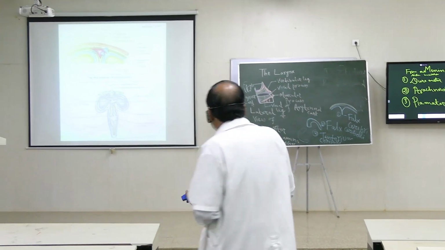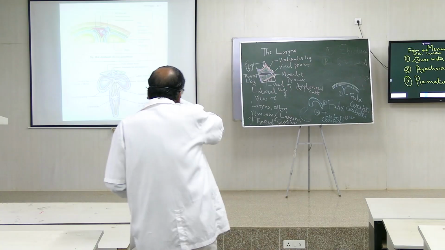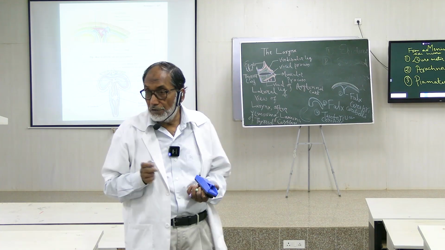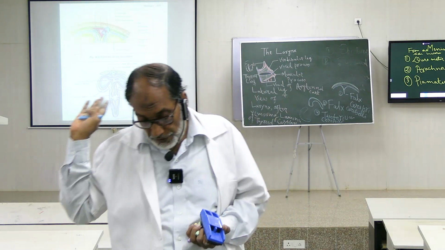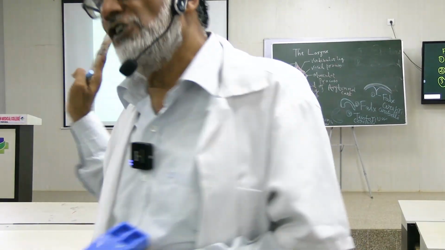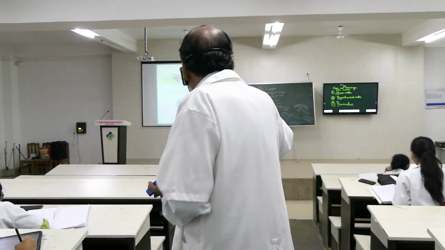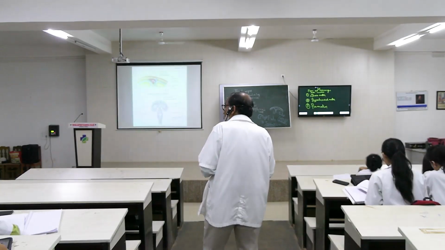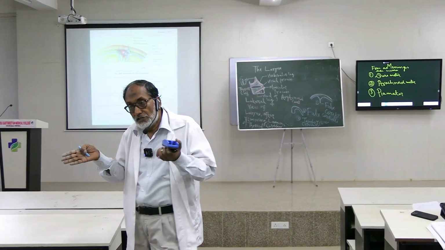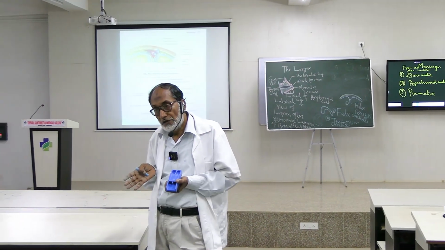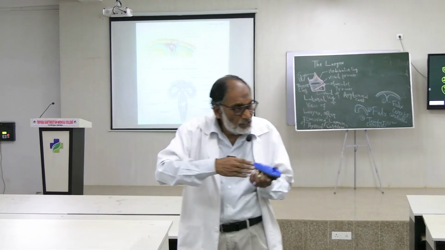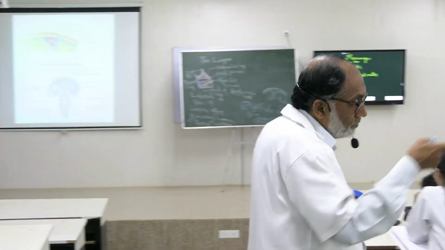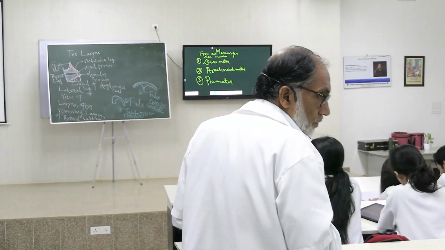Now in some places in our brain, this subarachnoid space becomes enlarged and forms a cistern. When the subarachnoid space becomes enlarged, it is known as a cistern.